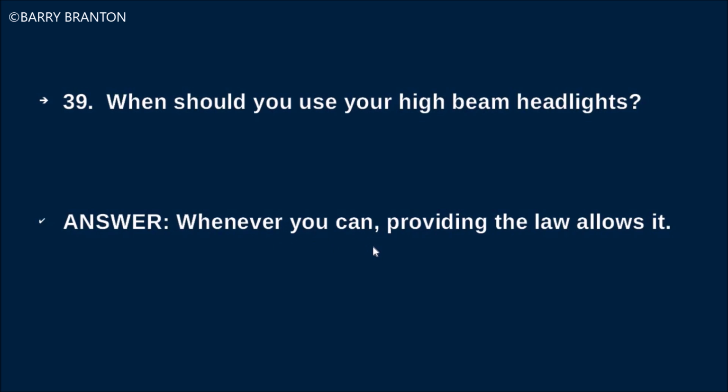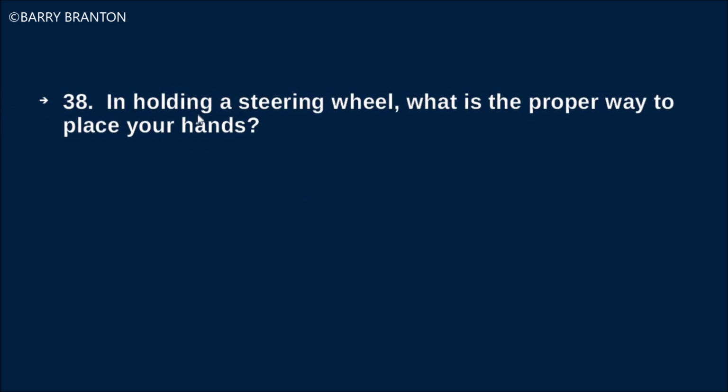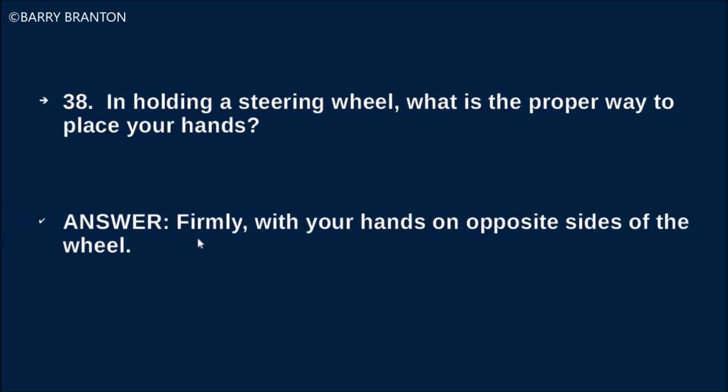Whenever you can, providing the law allows it. In holding a steering wheel, what is the proper way to place your hands? Firmly, with your hands on opposite sides of the wheel.